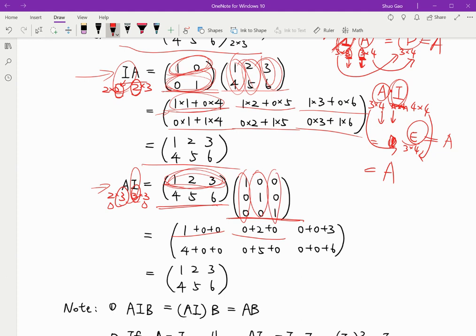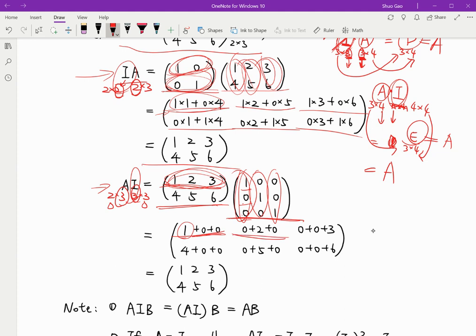When we calculate the first row and first column, because the 2 and 3 here are multiplied by 0, 2 times 0 and 3 times 0, the results are 0. So the only remaining non-zero element is 1 times 1, right? So we have 1 here, and all the others are 0.